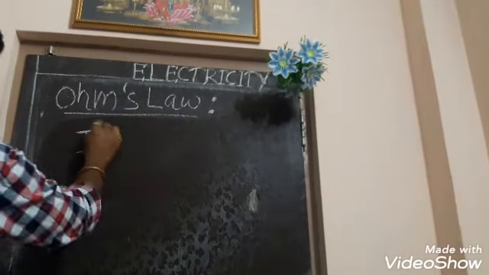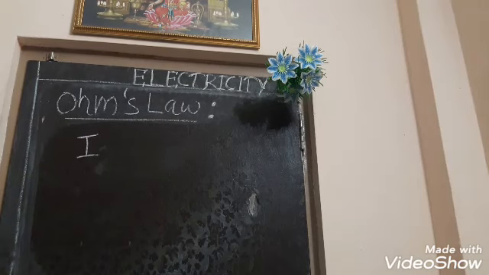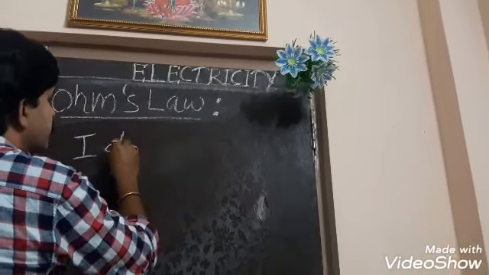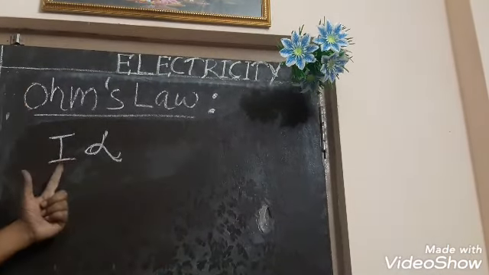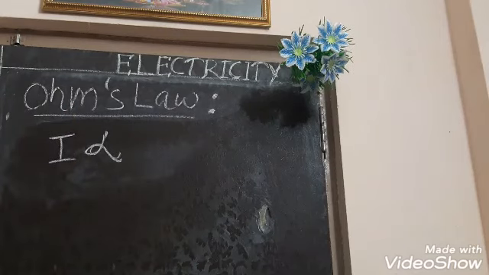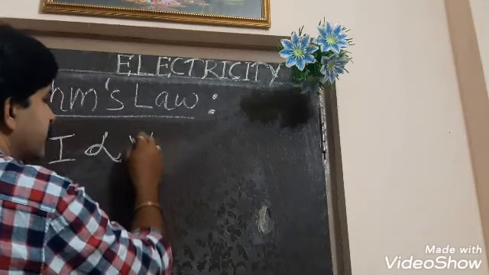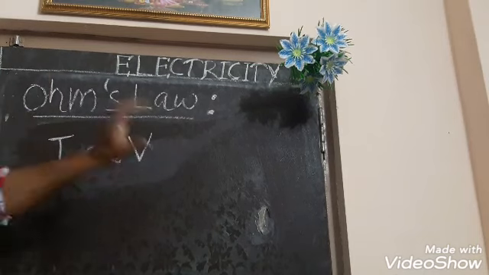So if I is the flow of current in the circuit, I is proportional to the potential difference. How do you represent potential difference? V. So Ohm has established a relation that I is proportional to V.